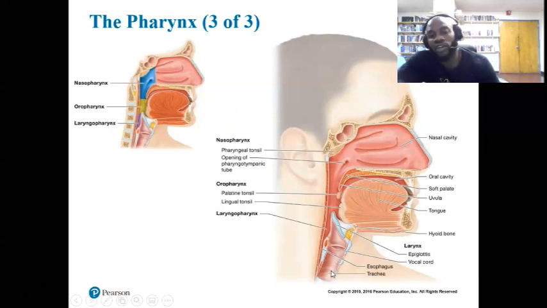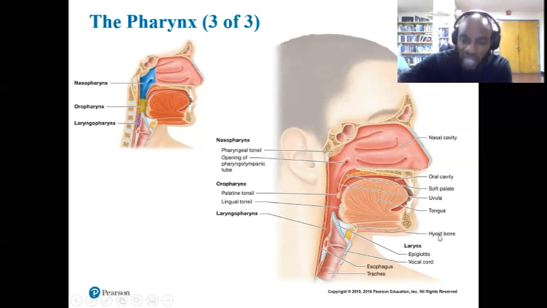The trachea where our oxygen and carbon dioxide are passing, right? And then you have your vocal cords right there and the epiglottis, which is sort of like the passageway.